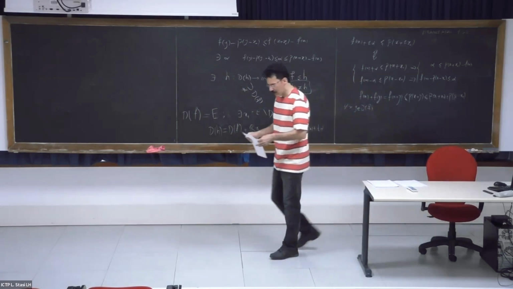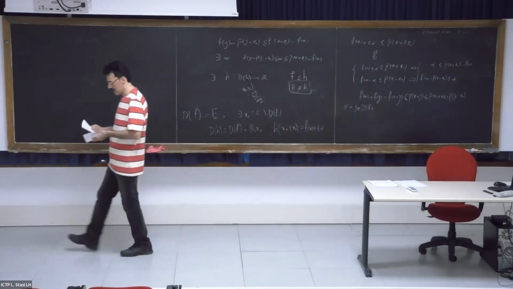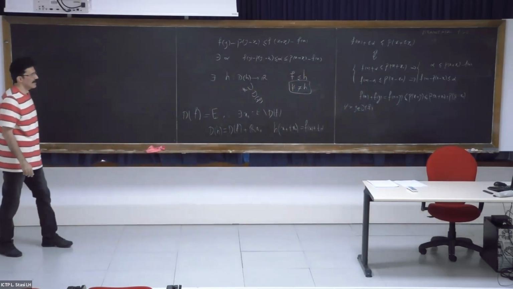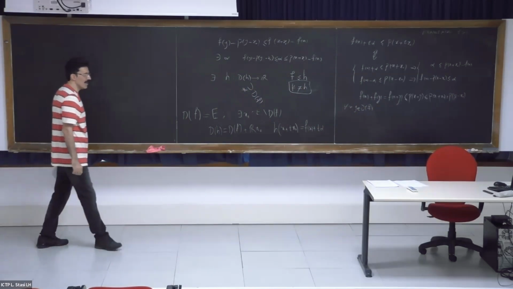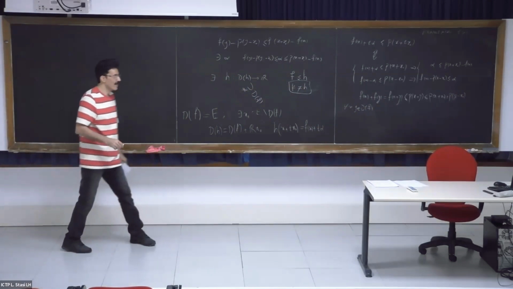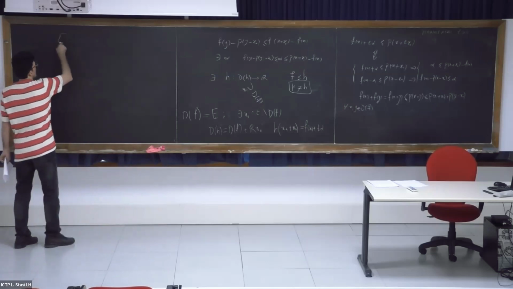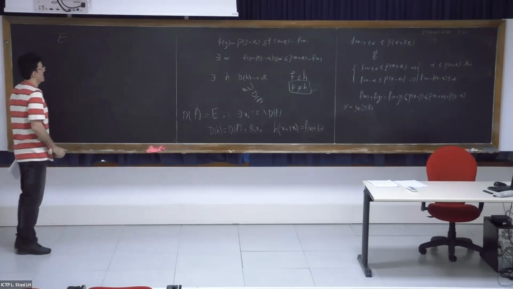The first one is about the dual of a space. From now on, E will be a normed space.